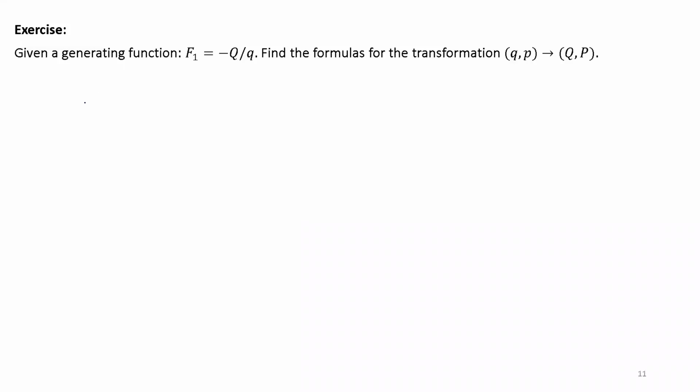That should be quite straightforward. We always use the same two formulas. The small p equals partial f1 partial small q.